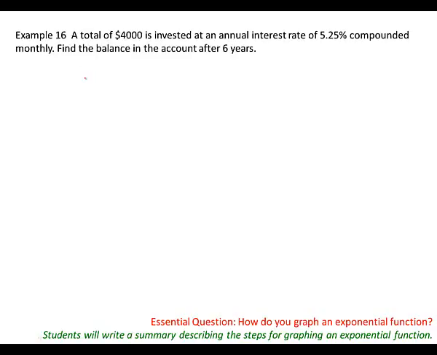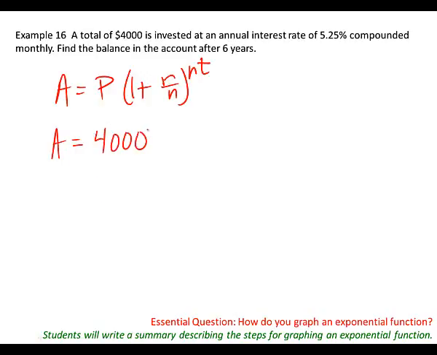I'm going to write out my formula again because I'm trying to memorize it. So A equals P times 1 plus R over N to the NT power. So looking through that problem, what's my principal? 4,000.